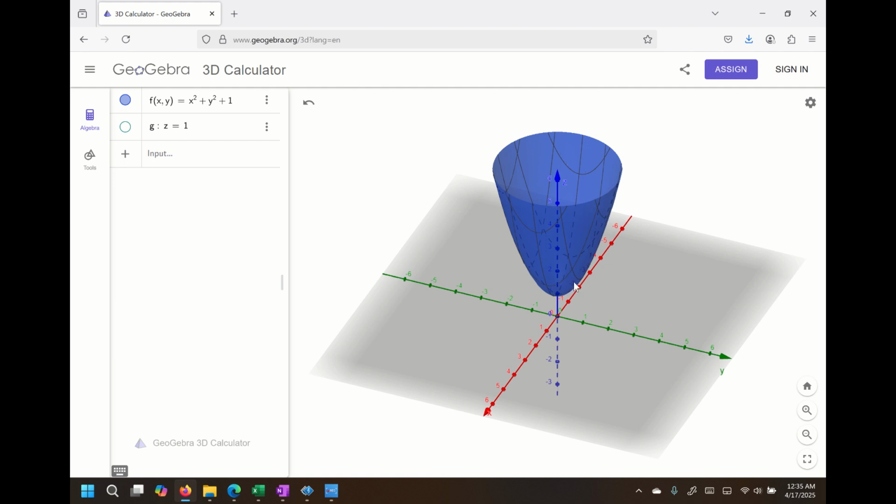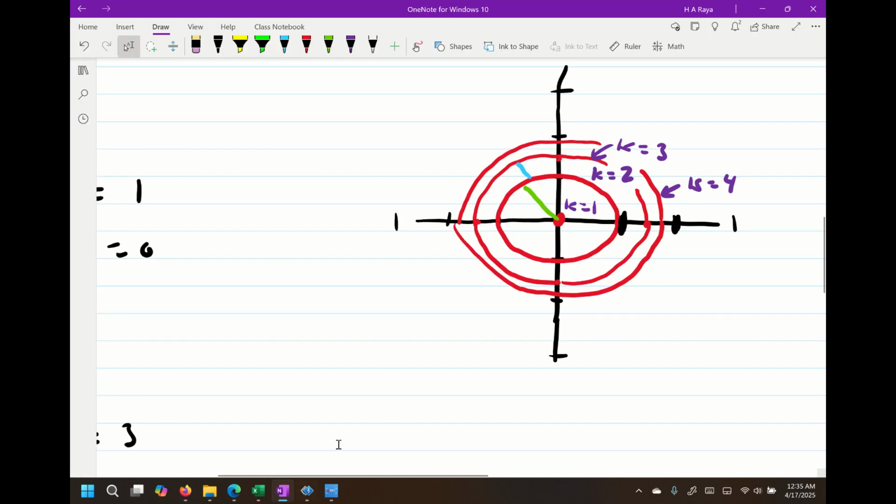So the further you try to walk your way out of this bowl, the steeper of a path you're going to encounter. Whenever you're working with these level curves, whenever they are closer to each other, that means you're experiencing a steeper path.